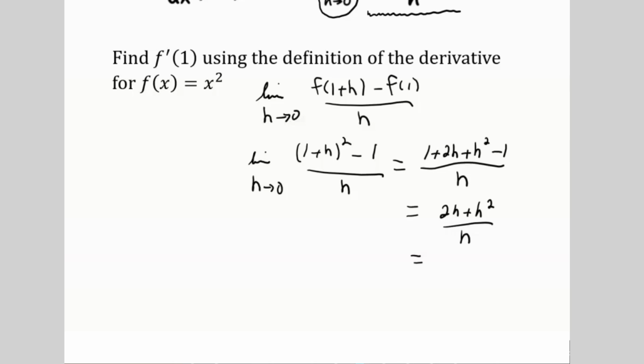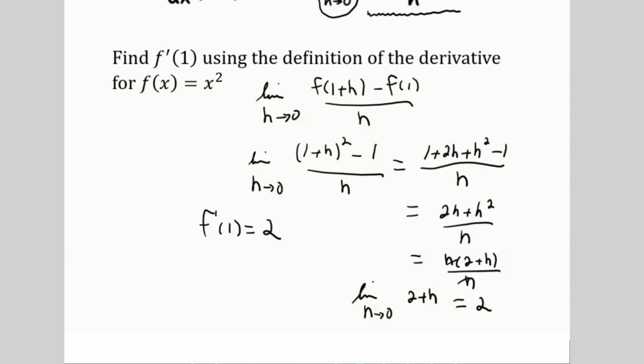We factor an h out of the top, so we get h times the quantity 2 plus h, divided by h, and then the h's cancel. So we get the limit as h approaches 0 of 2 plus h, and that comes out equal to 2. So in this case, f prime of 1 is equal to 2, which means the slope of the tangent line at the point (1, 1) of x squared is 2.